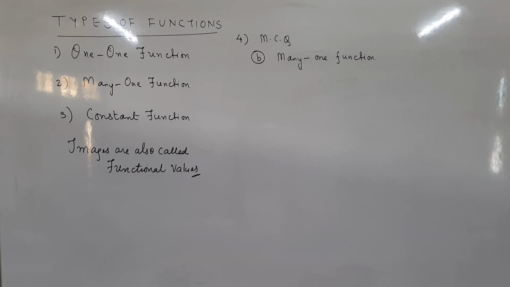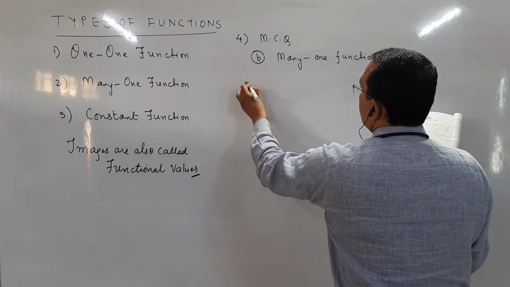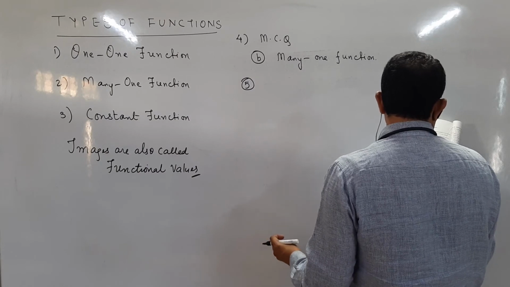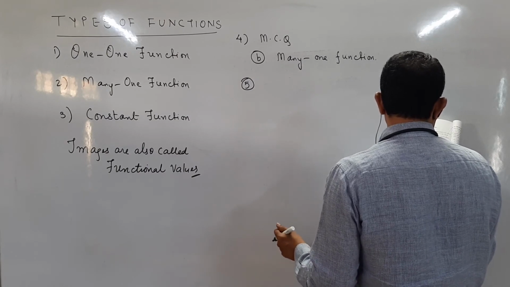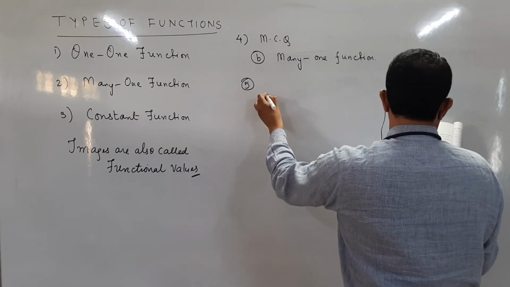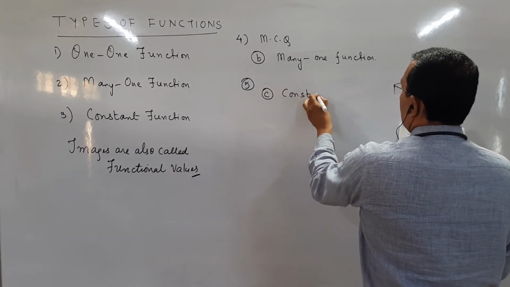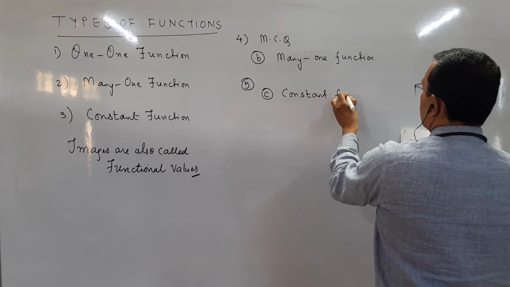Okay students, now MCQ 5. What is the type of function A to B where each value of domain has the same image in set B? Each value of domain A has same image in set B, then such a function is called a constant function.